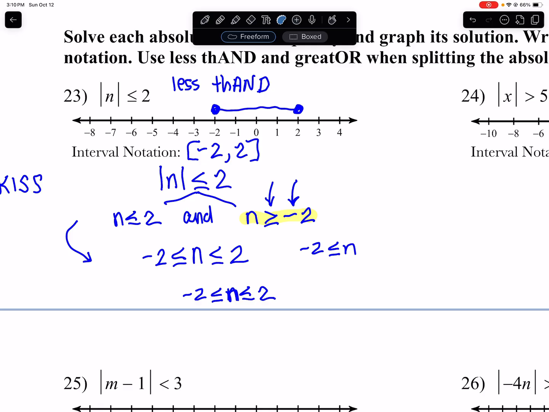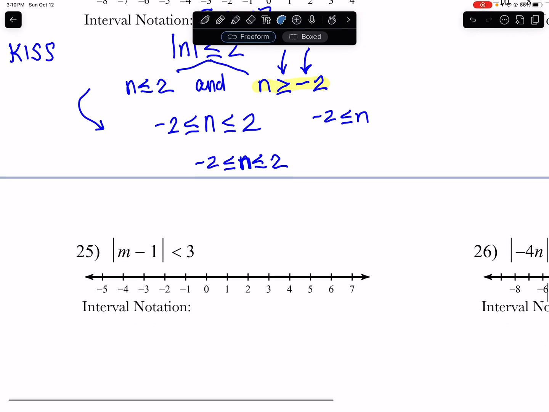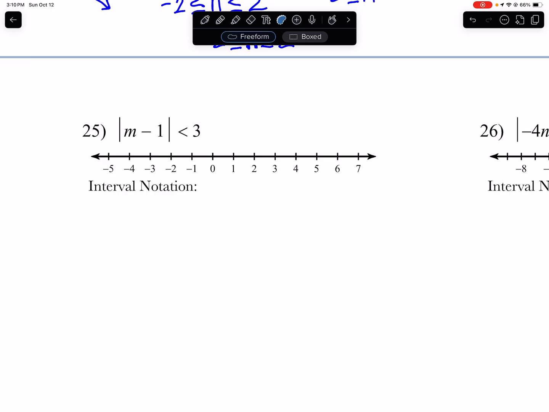We'll see more of that probably here with this next problem. Okay? So the first step on these two is the same as what it was for equations. You need to isolate the absolute value piece. And this is already done for us here.